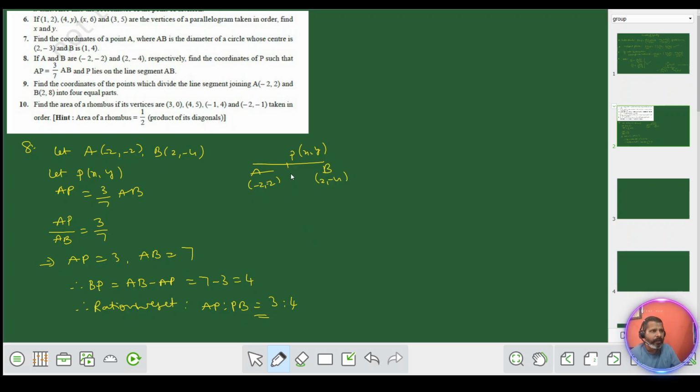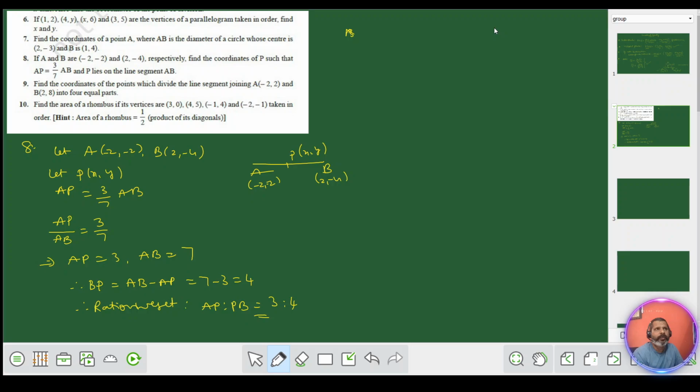So we have the ratio, we have AB values, and we need to find the P. It's very simple. Okay. Therefore, by section formula we can apply. The ratio is available, right? By section formula, you know that section formula, the first one.